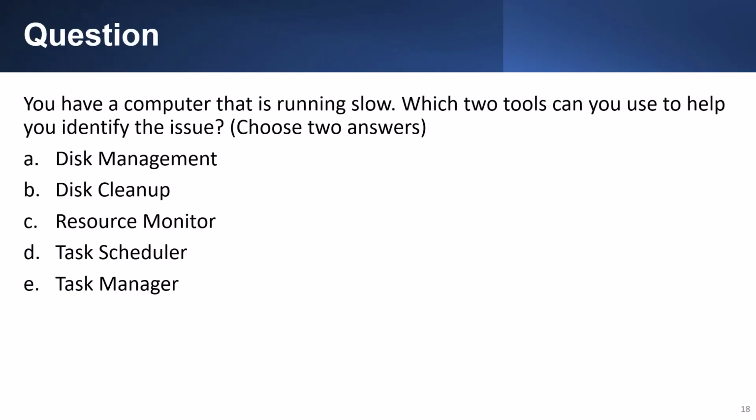Question: You have a computer that is running slow. Which two tools can you use to help you identify the issue? Choose two answers. Answers: Resource Monitor and Task Manager.